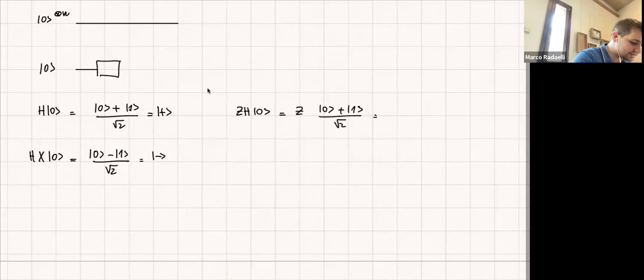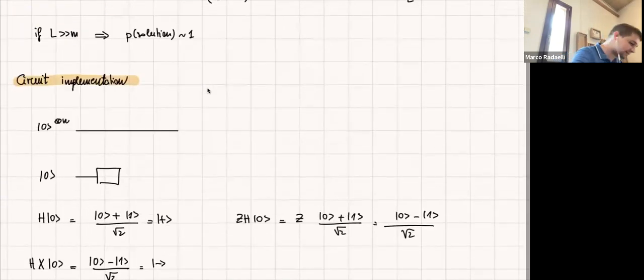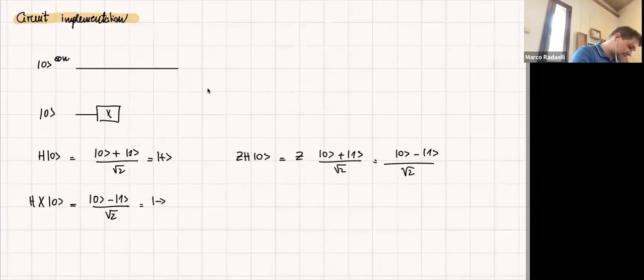Then we apply the Z, so we get 0 minus 1 over square root of 2. Yes, that's correct, there are many possible ways of getting there. Thanks, Alexei. So we have this, and then we apply the Hadamard. So at this point, we have a minus. This is what we need.